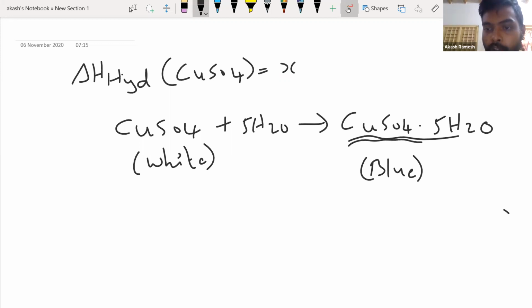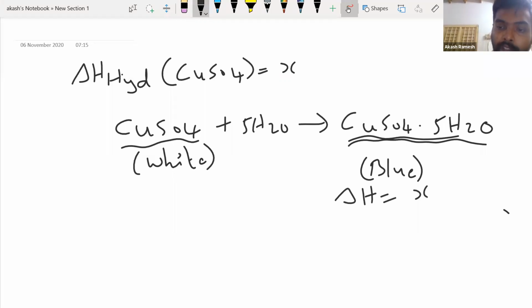This is my hydrated copper sulfate. This is my anhydrous copper sulfate, right? So for this reaction, whatever the enthalpy change is, is what is given here as X. So CuSO4 anhydrous substance, adding water molecules so that it is getting hydrated, and the enthalpy change is X. So this is how you write the reaction for hydration enthalpy, right?